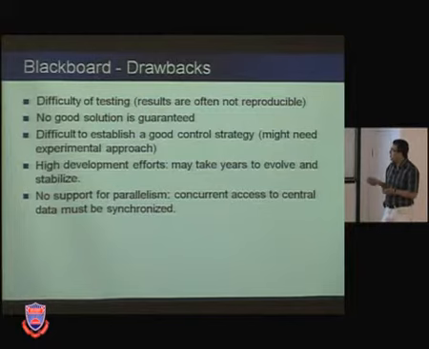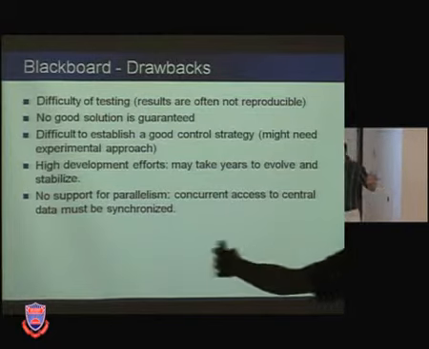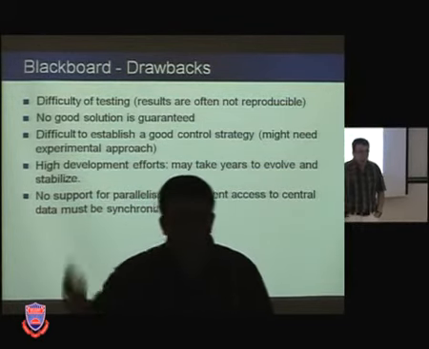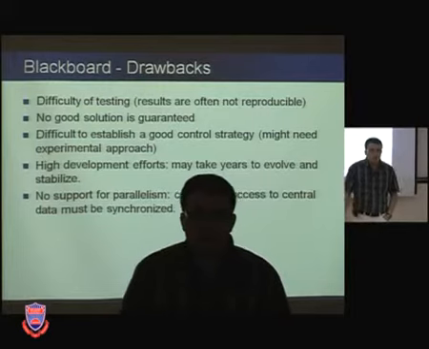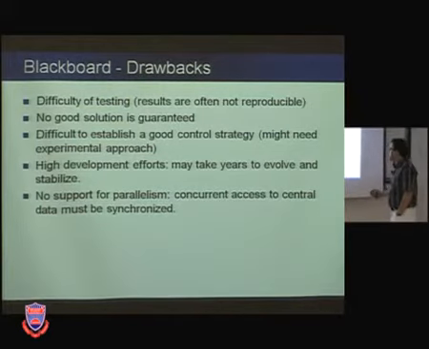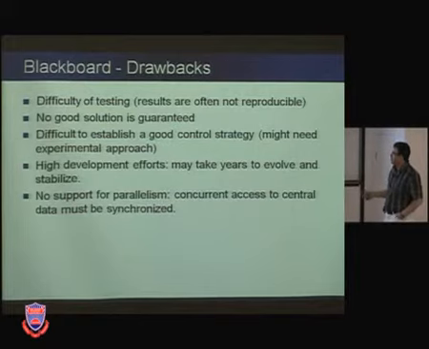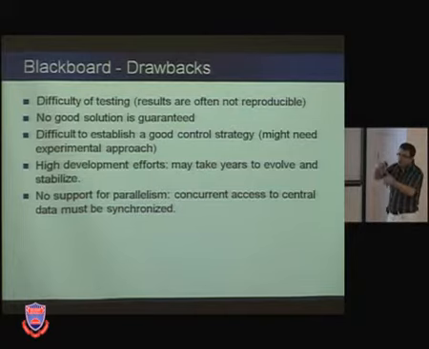It might take years to evolve and stabilize. You have a huge Blackboard, different knowledge sources, different experts throughout the world. So it's not easy. There's no support for parallelism. Concurrent access to central data must be synchronized. Or you should define another pattern with this Blackboard to solve this concurrency problem.